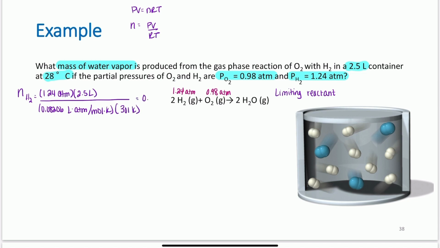This gives me 0.126 moles of H2. I'm going to do the same thing for oxygen. Number of moles of O2, 0.98 atmospheres, 2.5 liters, 0.08206 liter atmosphere per mole K and 301 Kelvin.